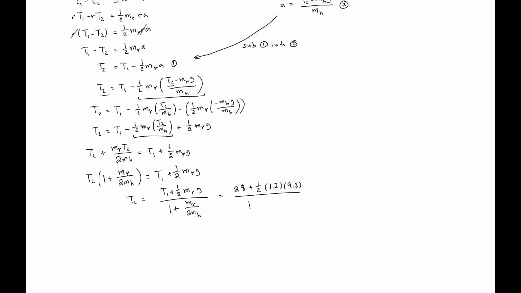We're going to divide by 1 plus the mass of the pulley, 1.2, over 2 times the hanging mass, which is 0.67. When you punch this into the calculator, you should get T2 equal to 17.87 newtons. So now you have T1 and T2, and you've finished the problem.